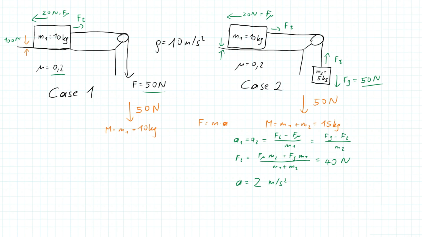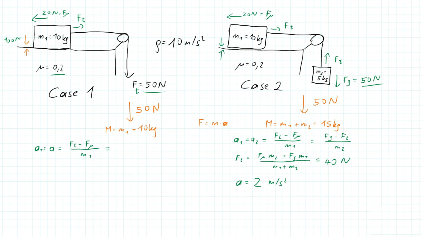Now let's look at case 1. We only have one mass, but this tension force Ft obviously appears in the whole string, and it's actually supplied by this downward force F equals 50 Newton, so that's actually the tension that we apply to the string. So we can write down the acceleration of mass 1, which again I'm just going to call A, as this net sum of forces divided by its mass again, so that's Ft in the direction of the acceleration minus F mu, because it's in the opposite direction, divided by m1.